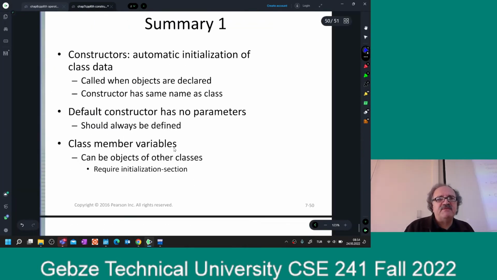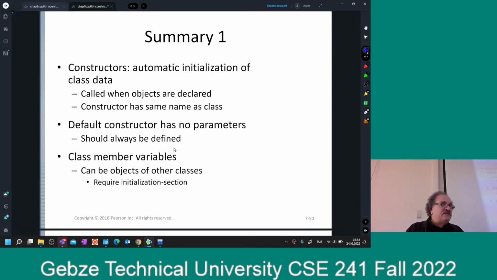So in this chapter, we looked at the constructors. Constructors are just member functions, but they are special member functions. They are used for data initialization, validity check, etc. And default constructor, remember, I call it the no parameter constructor.